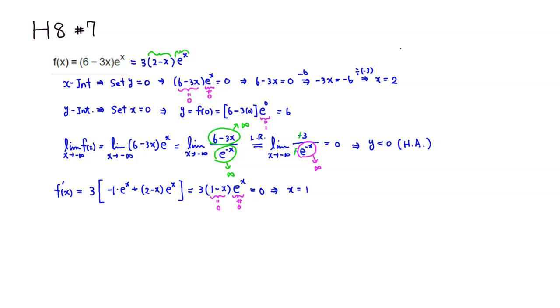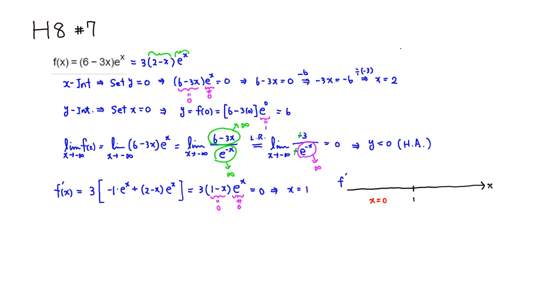So we can do a number line. You draw a number line, and the critical number is 1, so I'm going to put a 1 here. Then look at the sign of f prime. You can do anything less than 1, so I'm going to try a sample number, x equals 0.